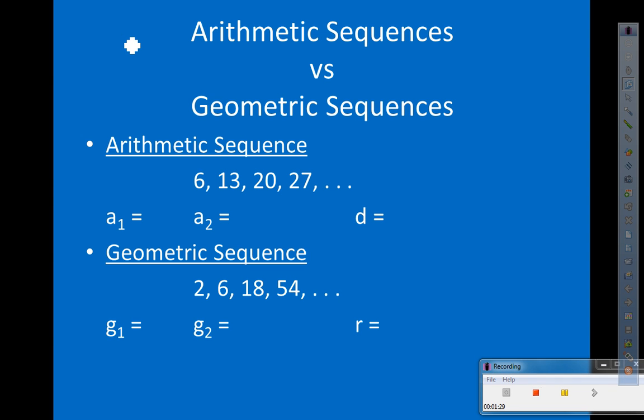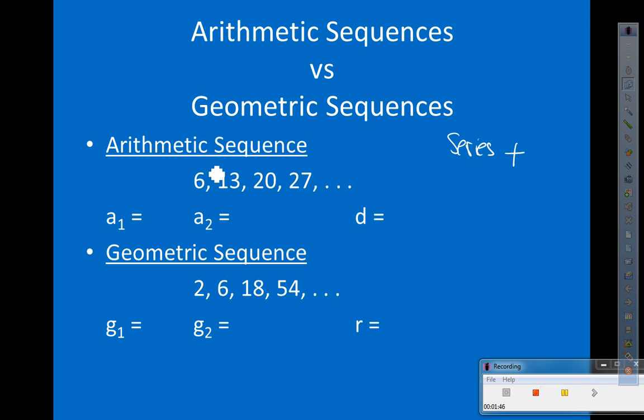What I'm going to do is make sure you understand the difference between an arithmetic sequence and a geometric sequence. These are called sequences because they're a set of numbers separated by commas. If it was a series, then you would see that set of numbers separated by an addition or subtraction sign.